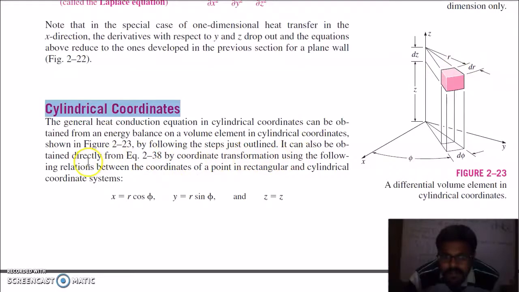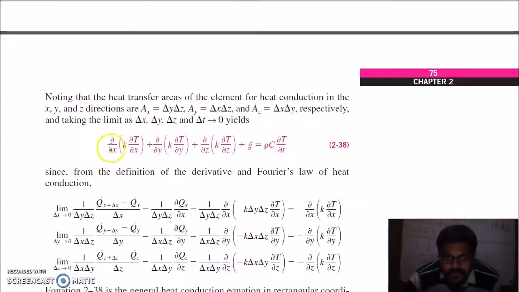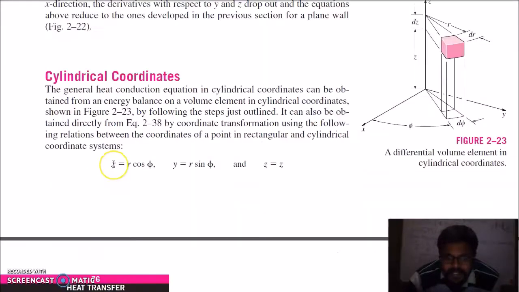It can also be obtained from this equation. You have to replace x, y and z with these new values in terms of r, the radius. This is your x, you can see here, this element is your r, so this component is the cos phi component of x.